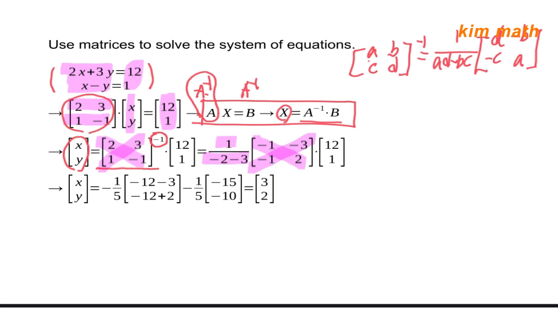let me erase this one. If you multiply this part, you have it here. Okay, and in front of the matrix you have negative 1 over 5.